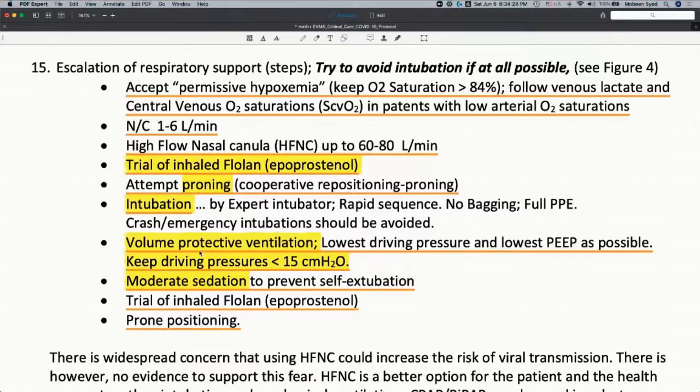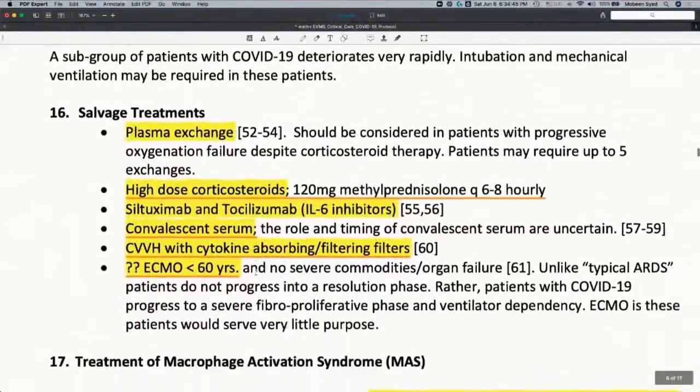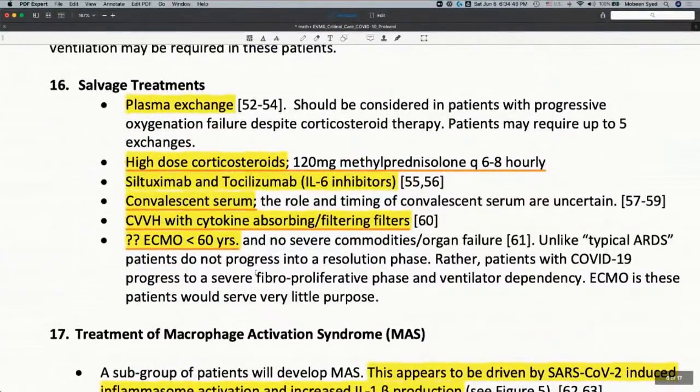Good so far. So what have they done so far in this? They've given steroids, they've given anticoagulants, they've given oxygen, they continue to give ascorbic acid, and now they're trying to prevent the patient from ending up on a ventilator. Then, salvage treatment. So salvage treatment is if the patient continues to become even more deteriorated, then what they're saying is do plasma exchanges.